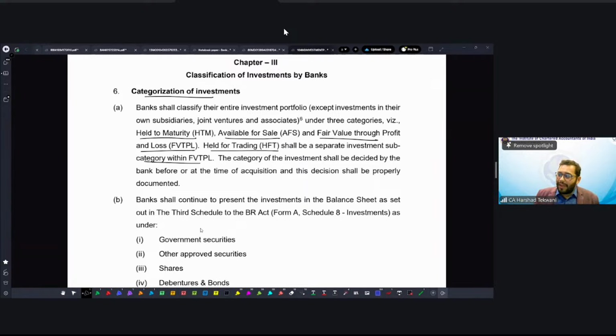That's why it is fair valued through P&L. All three types of securities are valued in a different way, so you need to understand which kind of security it is. This excludes investment in subsidiaries, joint ventures and associates. That's a different story. But held to maturity, available for sale, and fair value through profit and loss account, which includes held for trading, are the three important categories for investments.